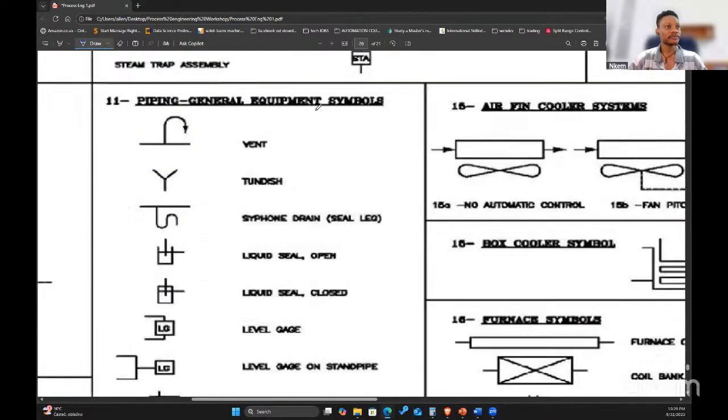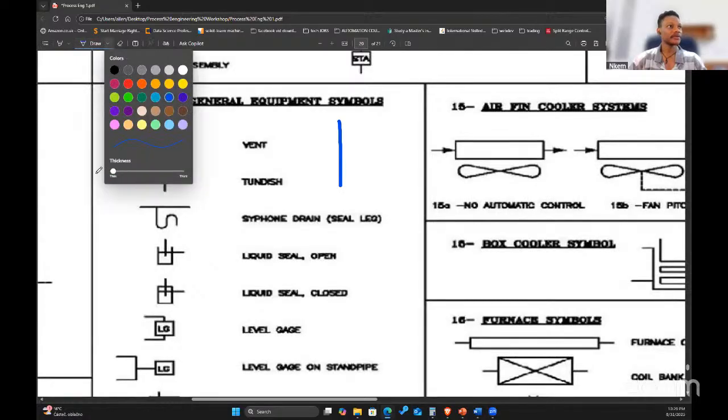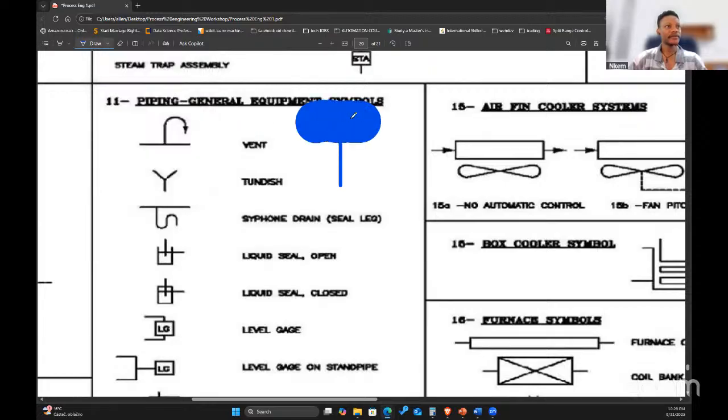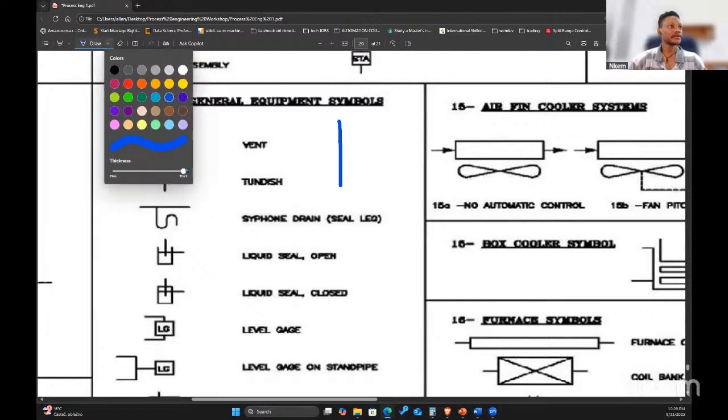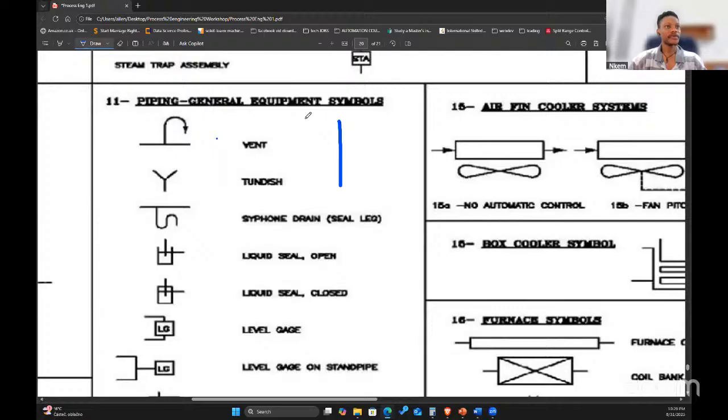So I'm going to draw a line here. Let me reduce this thickness. So you have a line here, and then you have the scale, for example.